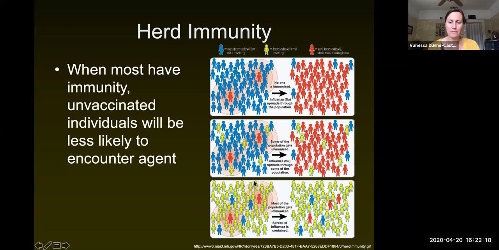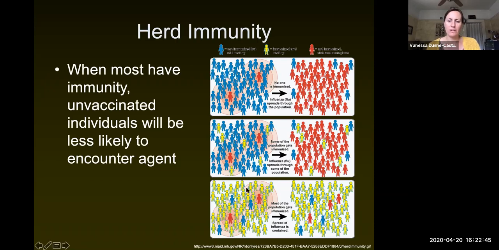So if 60 to 70% of any given population is either immune through exposure or immune through vaccination, then the likelihood that sick people coming into the community are going to infect the remaining susceptible individuals becomes very low. This is where we're trying to get to with vaccination for all of the childhood illnesses in our population right now, like whooping cough or measles or rubella, etc.